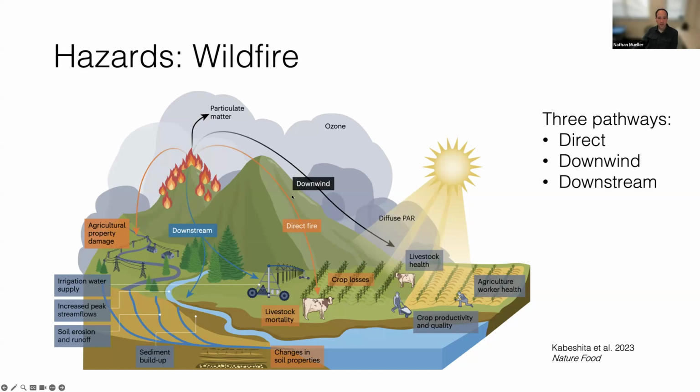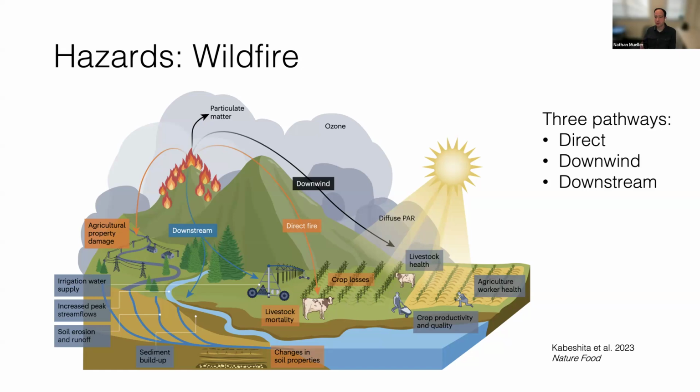Of course, you can have direct fire losses to crops or livestock. But more common are impacts downwind. So you have increased particulate matter, and that changes the radiative environment for crops.